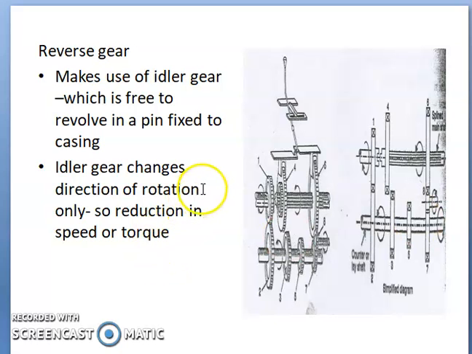So now we can see the direction of rotation. If this is rotating in the clockwise direction, automatically the counter shaft due to external mesh will be rotating in the anti-clockwise direction. So if this is rotating in the anti-clockwise direction, then the idler gear will be rotating in the clockwise direction.